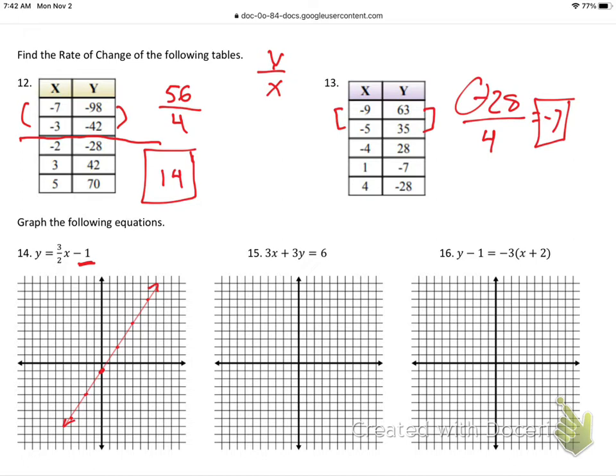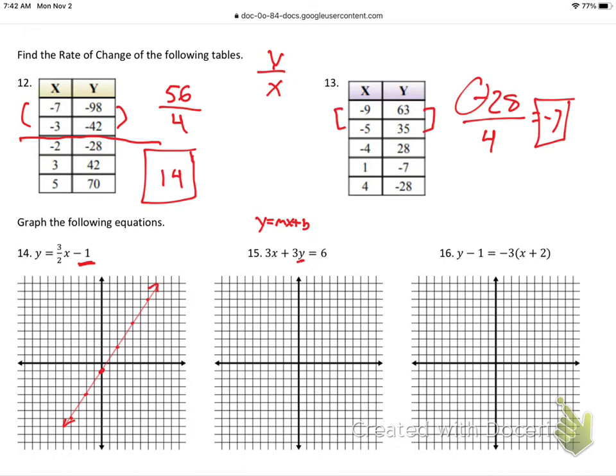15 looks a little tricky, but remember, you need to get it into slope-intercept form. Okay. So what that means is I need to get the y all by itself.